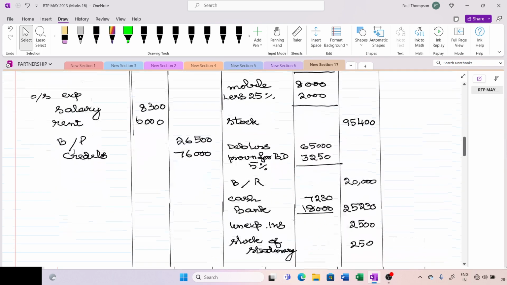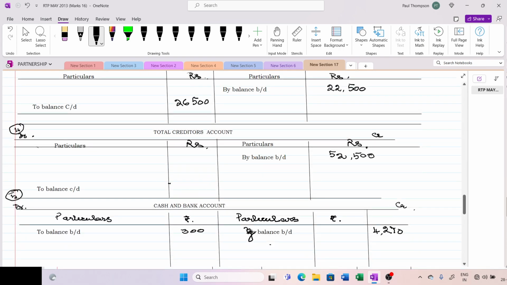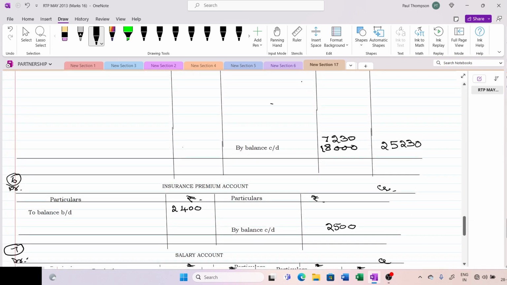Now this liability side we have to put in the working note. So now bills payable closing balance is 26,500. Hope you are understanding and following me. Creditors account, the closing balance is 76,000. We have seen the salary outstanding.